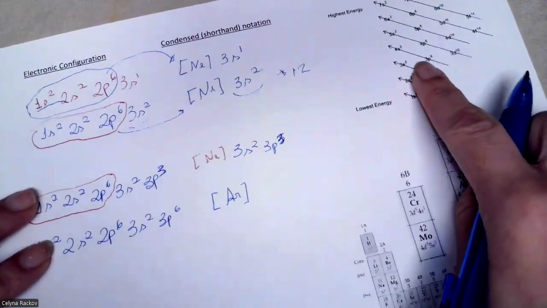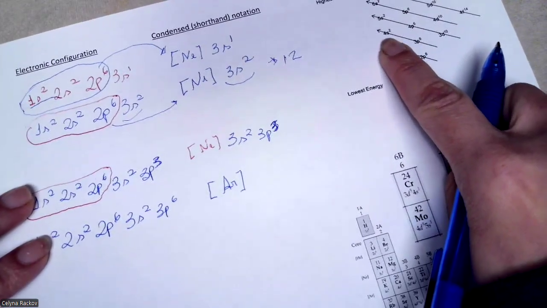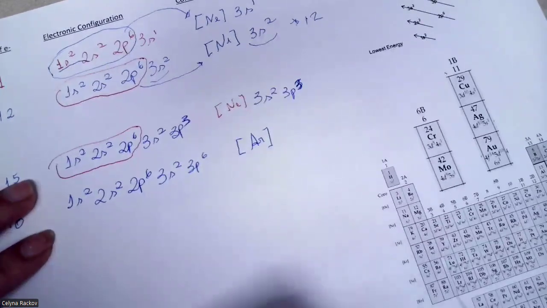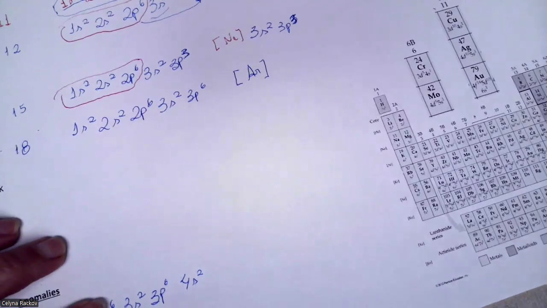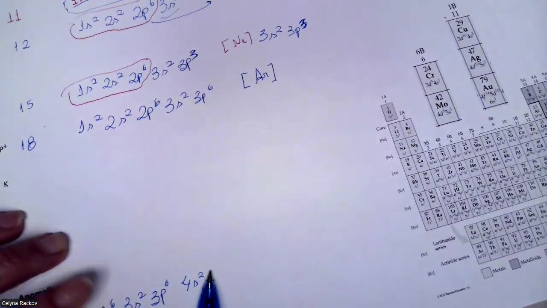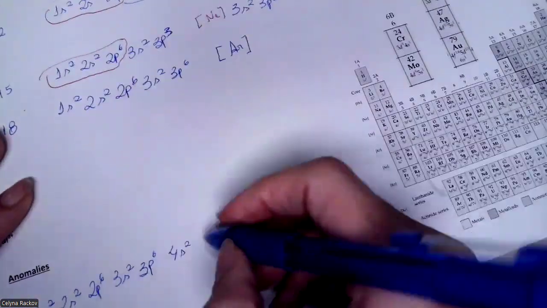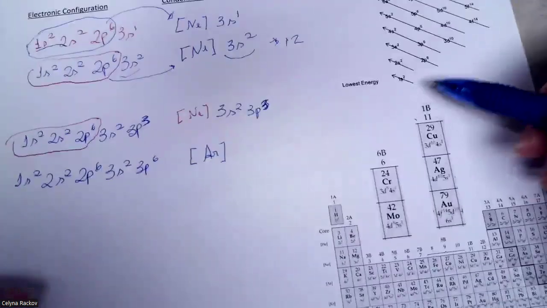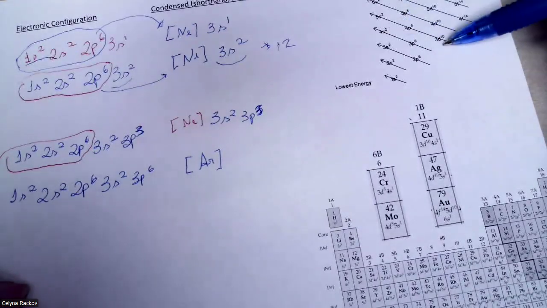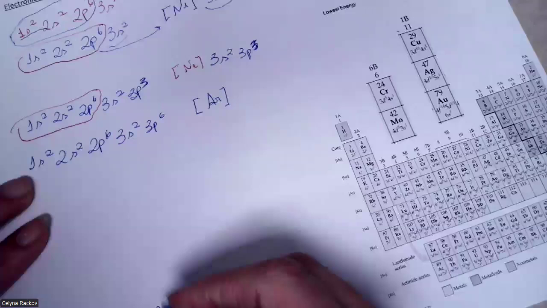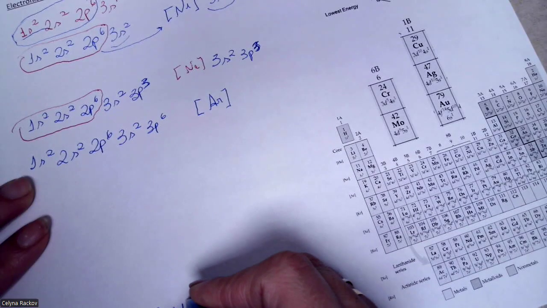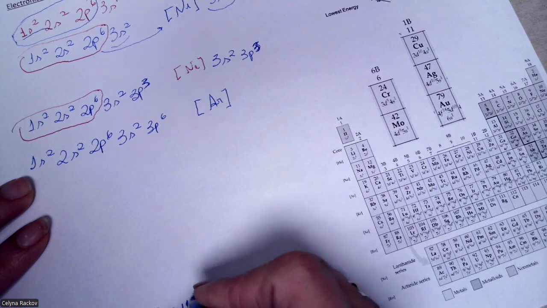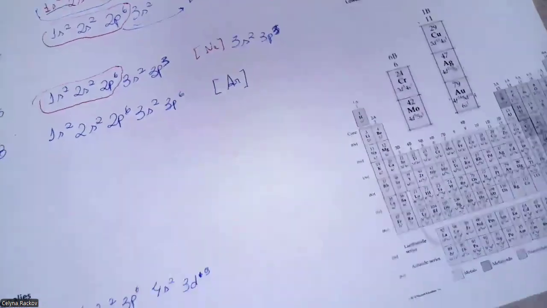Then the next one, 4s2. Now let's count how many we have now, right? So 10 plus 10, 20. Then the next, after 4s2, you have 3d10, right? 3d10. But here it should be 3d9 to get 29.